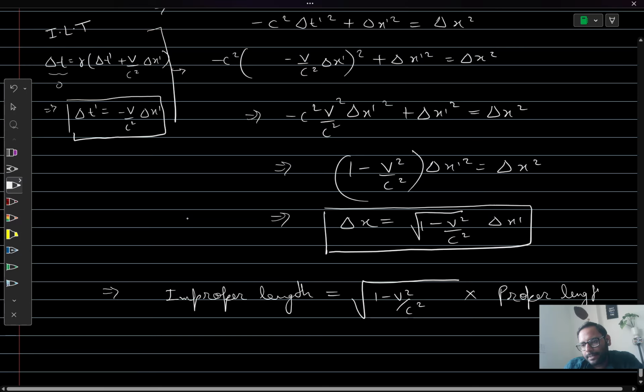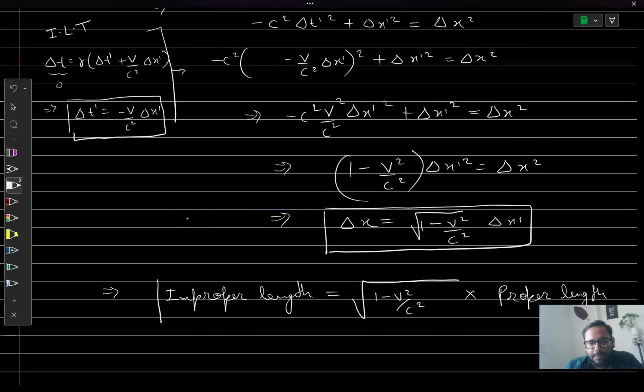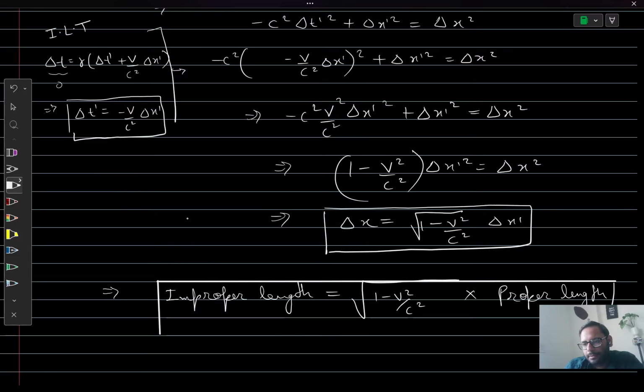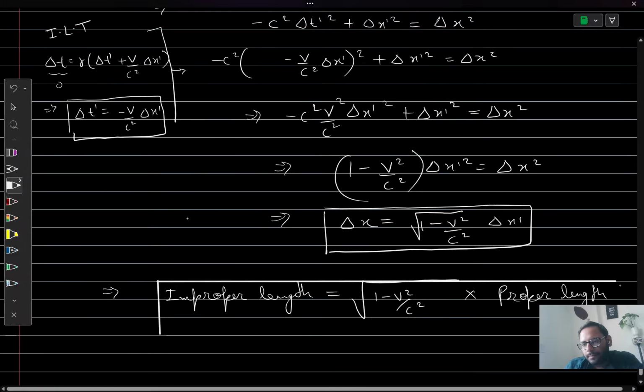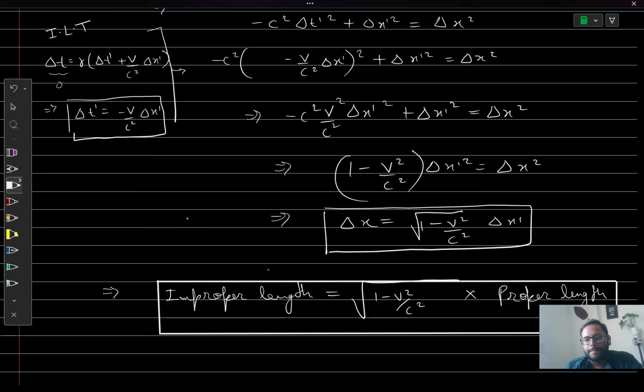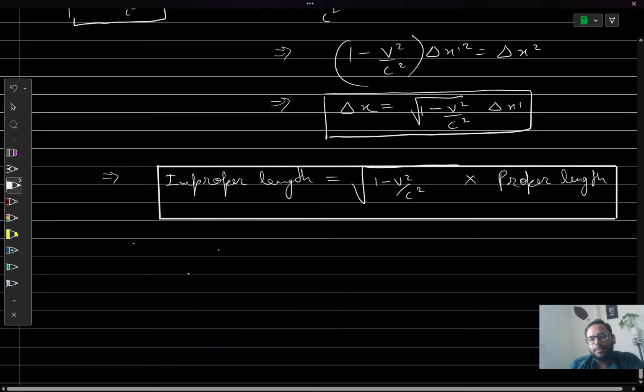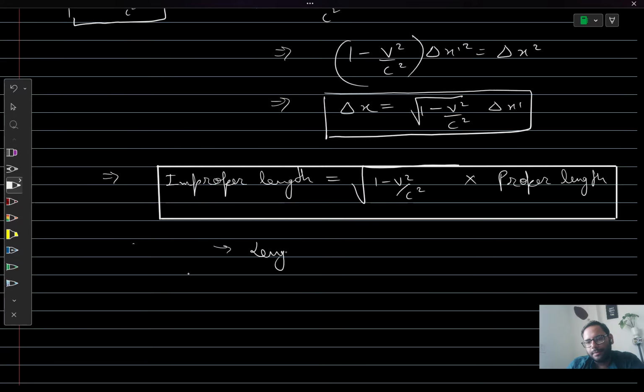This proper length is actually measured in the S prime frame, the moving frame, and it should be the proper length. So this is called the length contraction, because the length is contracted here when seen from a stationary frame.